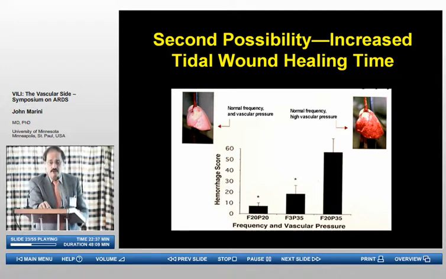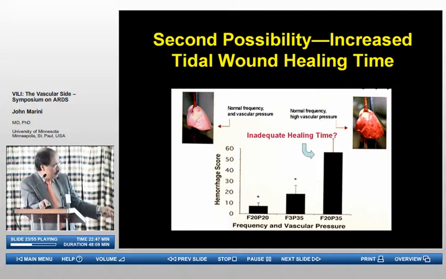And Rolf covered this so much more elegantly than I could possibly do. I'm grateful to him for that. Basically, it is possible that when you're breathing at a normal frequency under this kind of stress, you cannot repair the plasma membranes as quickly as will happen if you allow a longer period of time.